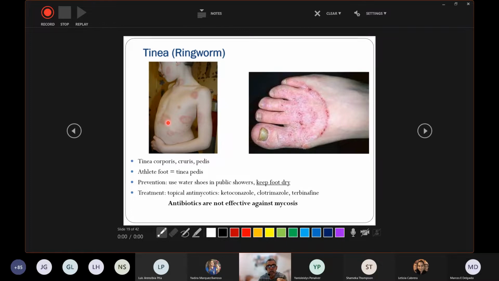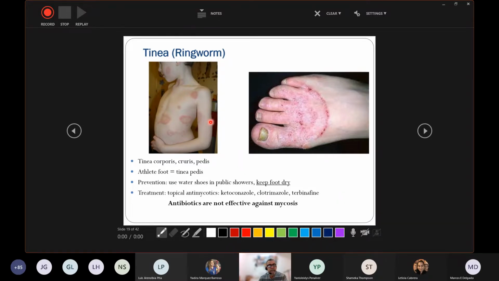It's more frequent in children because they still don't have immunity against those fungi. Notice that the infection starts growing in this direction, so the ring starts small and keeps growing.